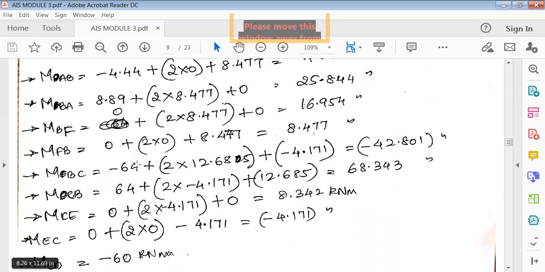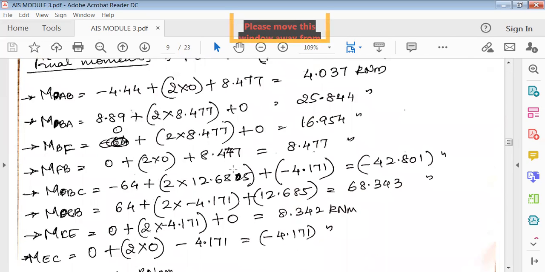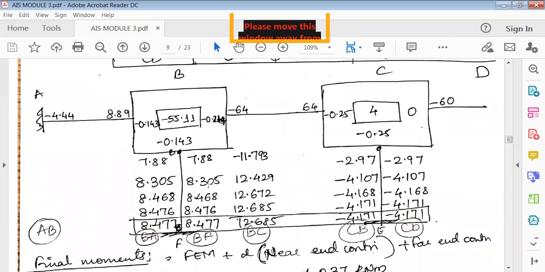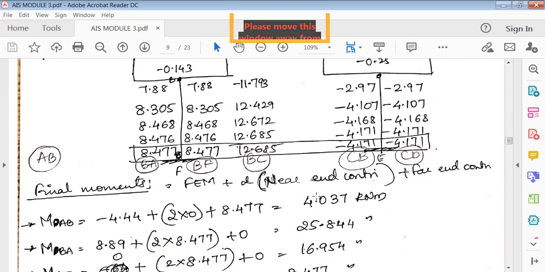Like this, go on adding. Only thing you should know is what is near end and far end. With respect to B, whatever connects B, that is BA, BF and BC, they're all near ends. Here also CB, CD, they're all near ends. Rest all are far ends.